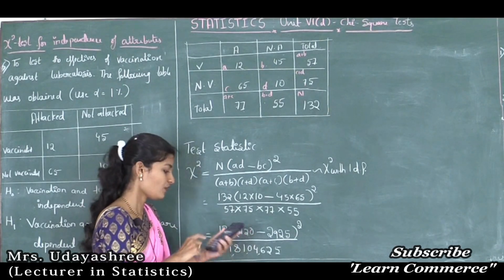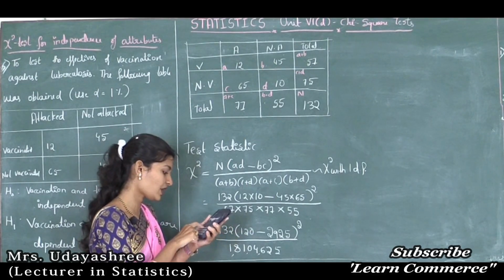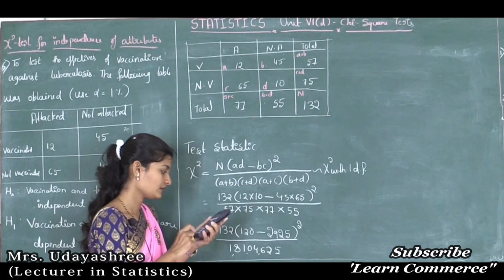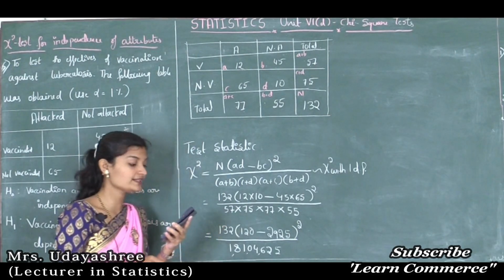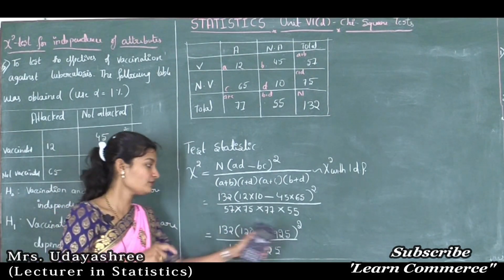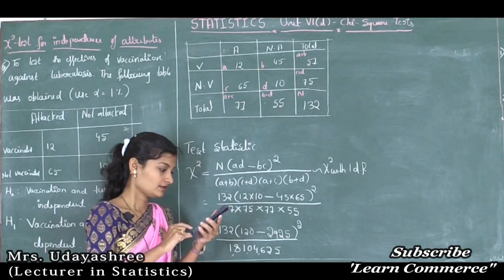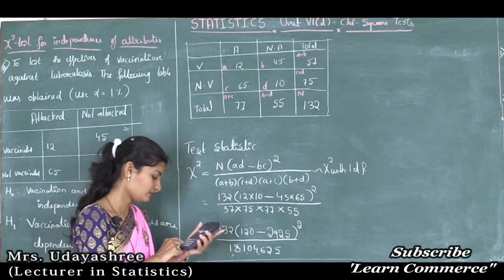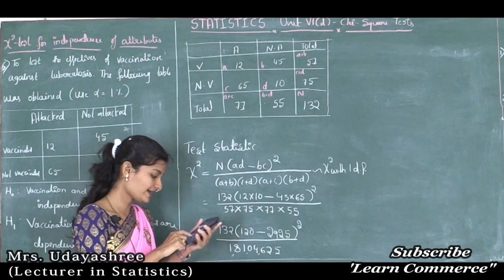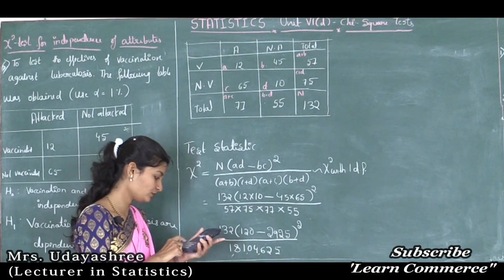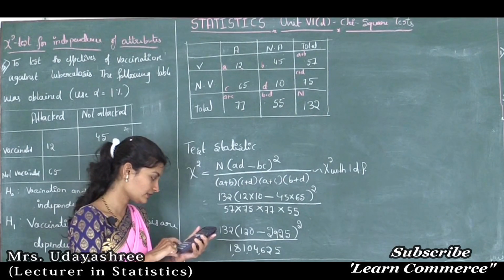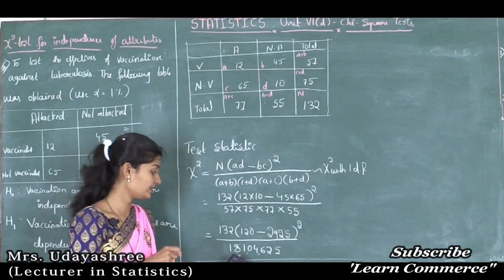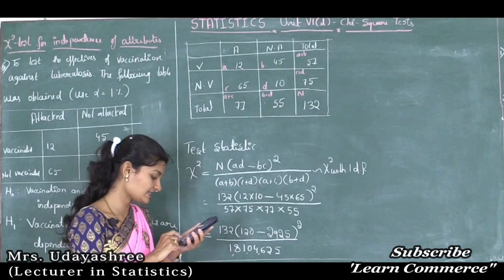Next, 120 minus 2925, that is minus 2805, then we have to take the square of that. We got one value into this 132, divided by this one, 1,81,04,625.